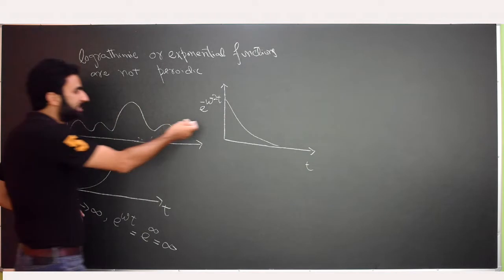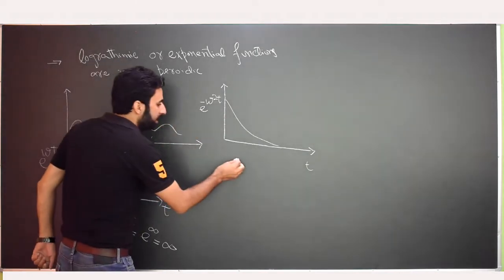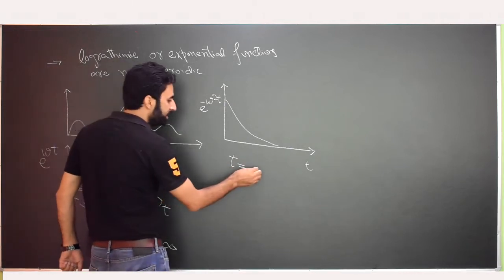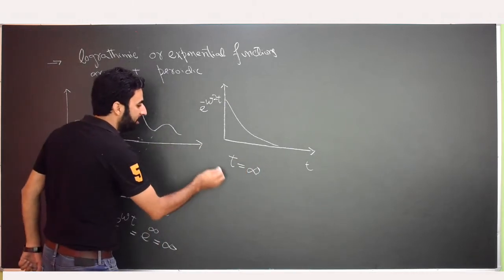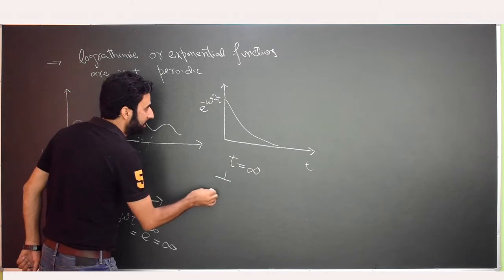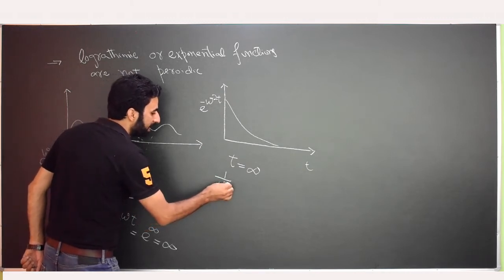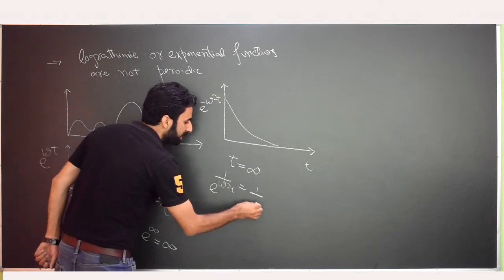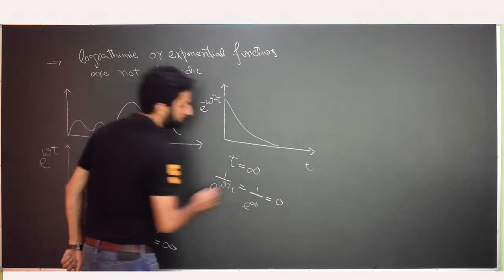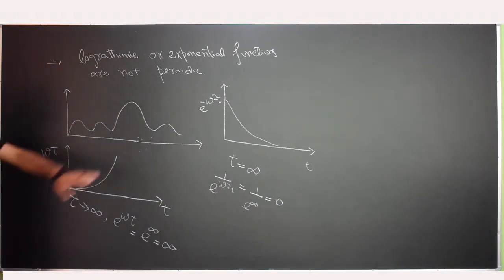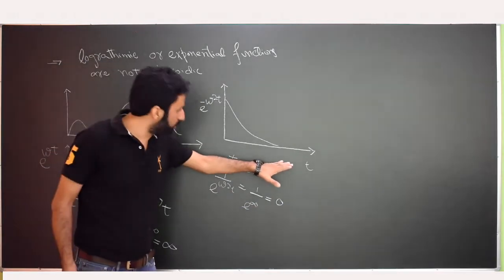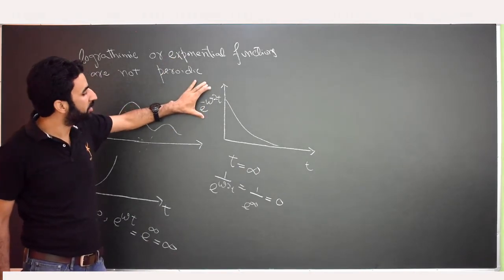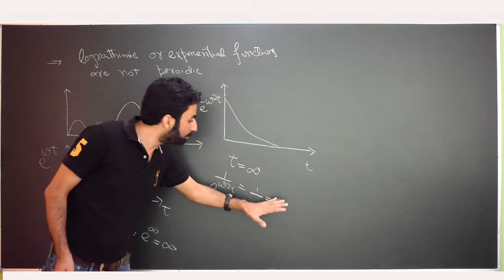Now let's take this example. What will happen if t approaches infinity? You will have 1 by e raised to the power of omega square t, so it will be 1 by e raised to the power of infinity, that is 0. So once t approaches infinity, the function on the y-axis, e raised to the power of minus omega square t, approaches 0.